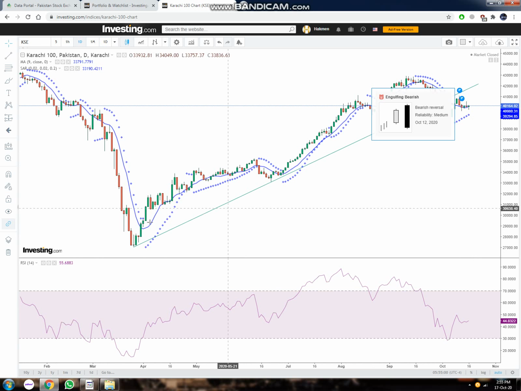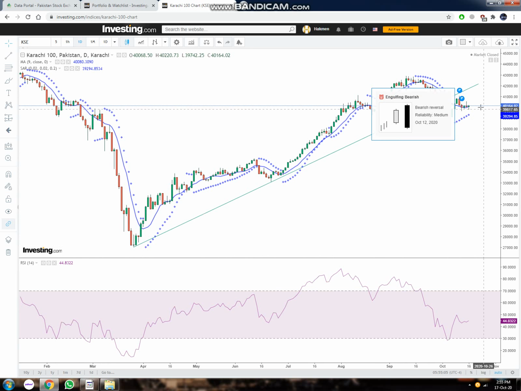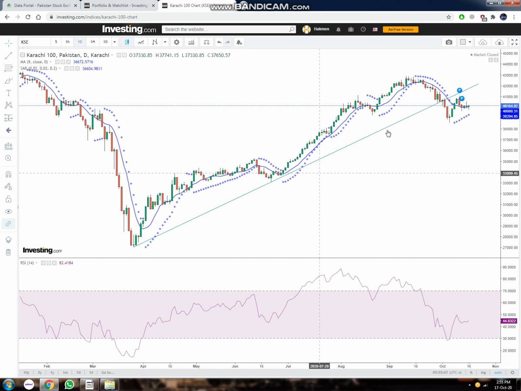If again you take a look at this line right here, the trend is a bullish bias. After the coronavirus, when the market started trending, gaining strength, it confirmed right here that the market is bullish.